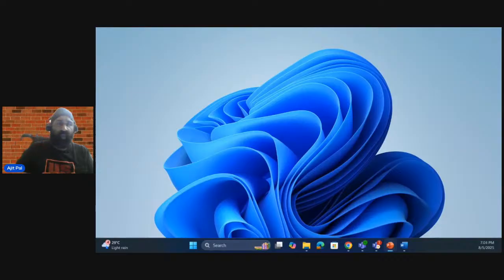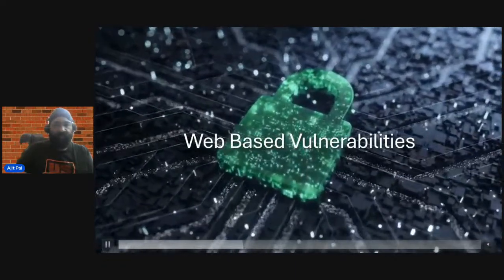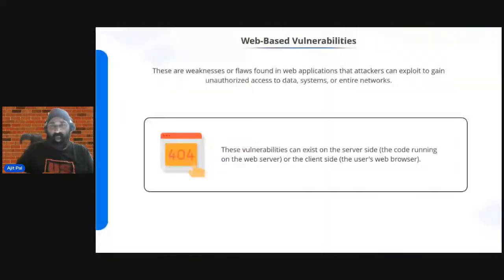The purpose of this session is to take you through web-based vulnerabilities. Hope it is visible to you now. There are different types of web-based vulnerabilities. Web-based vulnerabilities are those designed to target your web applications, which are accessible through HTTP, very commonly used across the internet and in our day-to-day life.